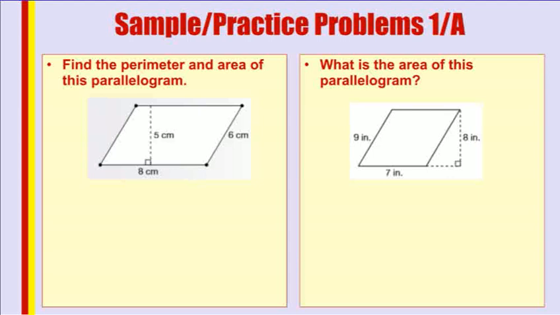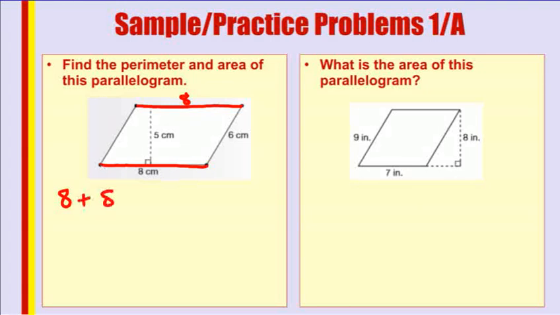First one, find the perimeter and area of this parallelogram. Remember perimeter, just adding up all the sides. So to figure that out, we have this bottom piece is 8. If this bottom piece is 8, this top piece is also going to be 8.